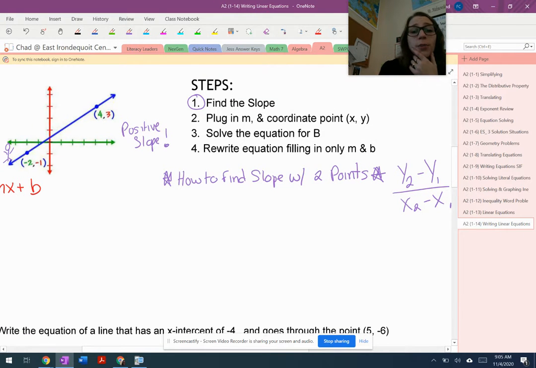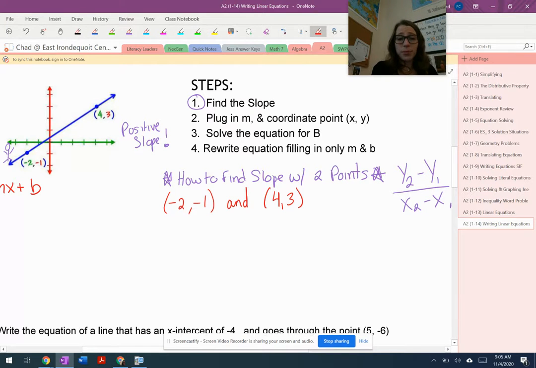So if I look at the 2 points that they give me, they gave me -2, -1, and 4, 3. So I've got my x, my y, my x, my y, and I'm just going to go ahead and set that up.